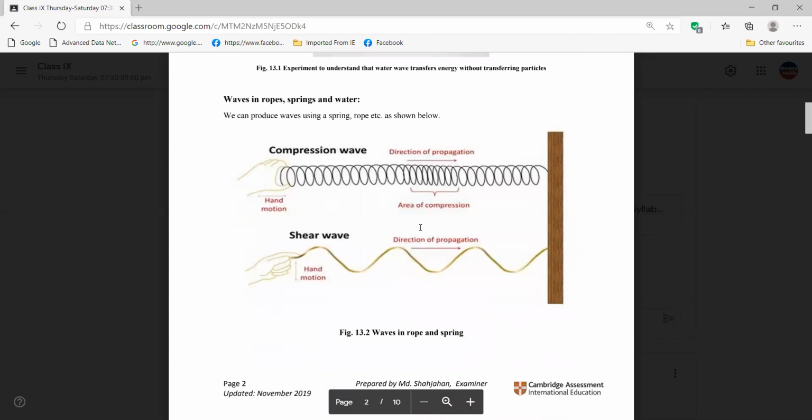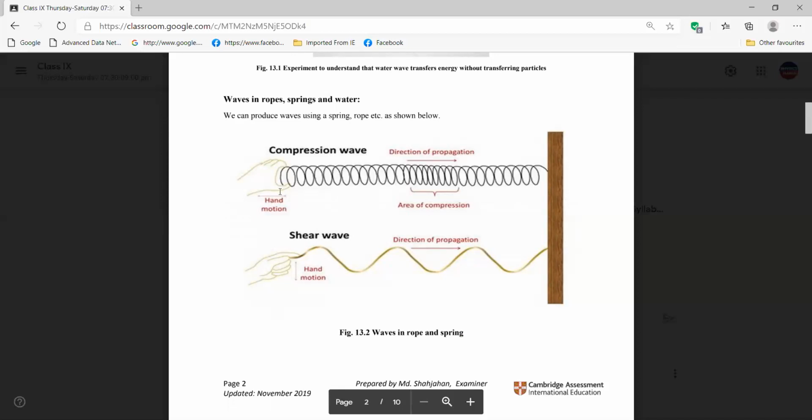Now we have the waves in ropes, springs, and water. Spring, you see, this spring is stressed, right? Yes, sir.